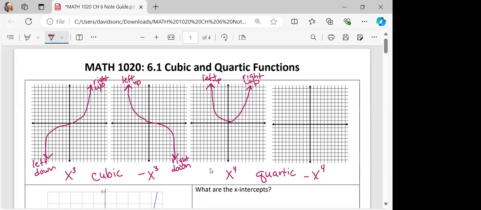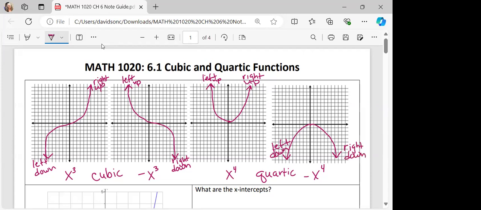Negative x to the fourth: if whatever number's in front of x to the fourth is negative, it's just going to flip it down. It's going to open down. So the left side opens down, and the right side also opens down.